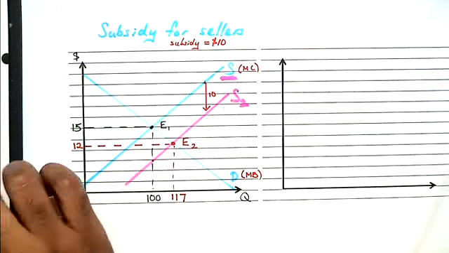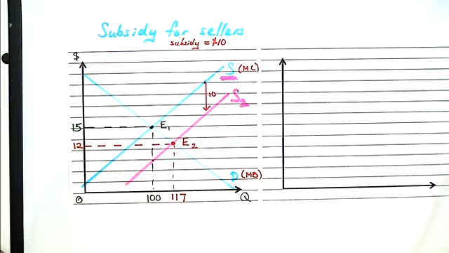Okay? So, I walk into a store, how much would I pay? If I'm the consumer, I walk into a store, how much would I pay? 12, right? After the subsidy. I walk into the store and I would pay 12.